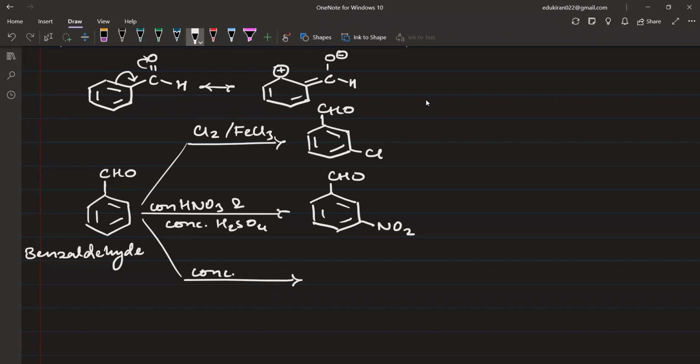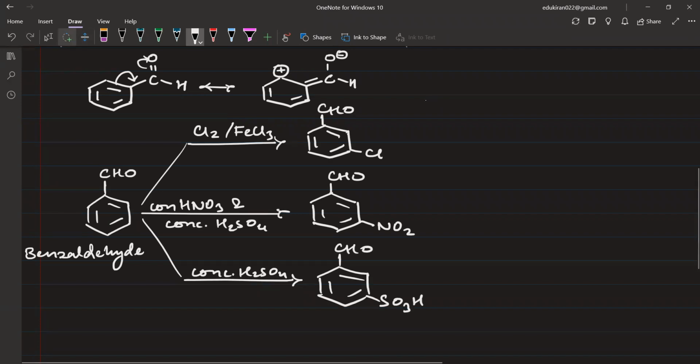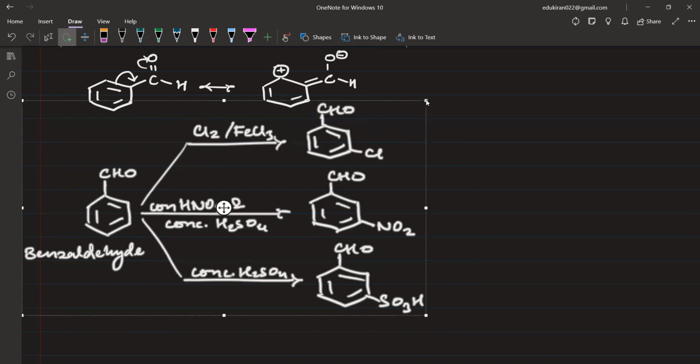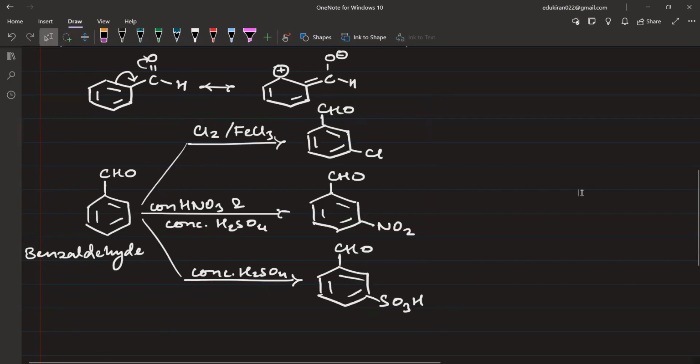Then concentrated H2SO4 will give you sulfonation, in which SO3H group is attached at the meta position of CHO. Write this down.